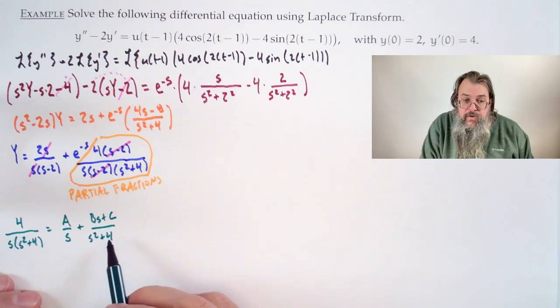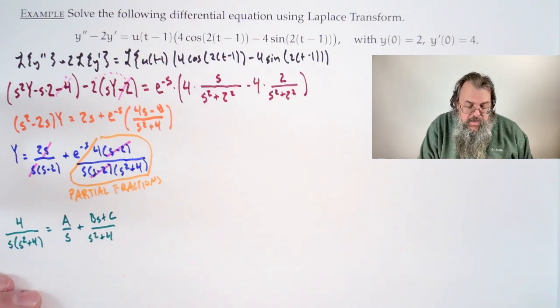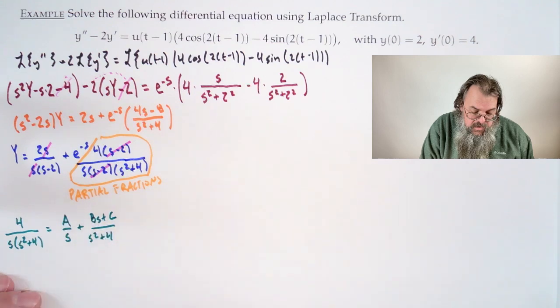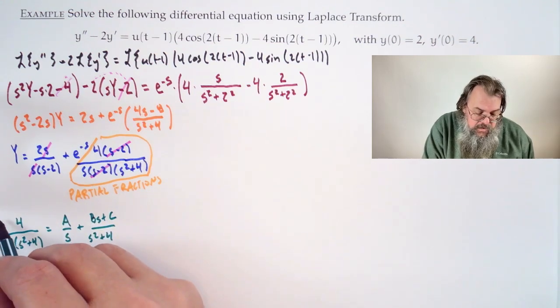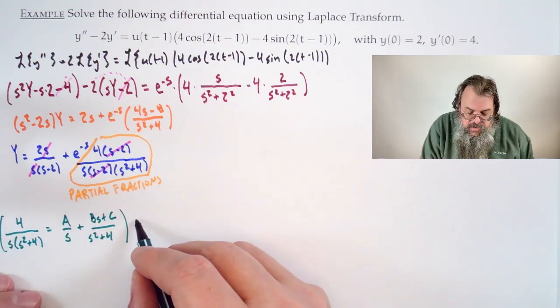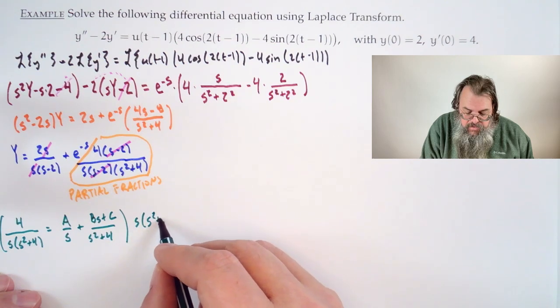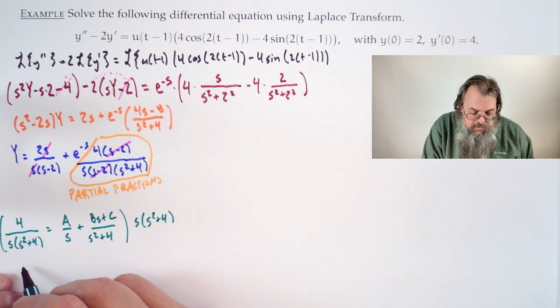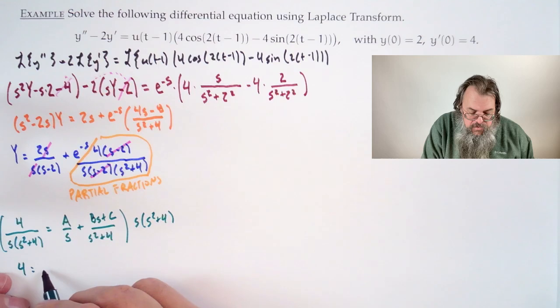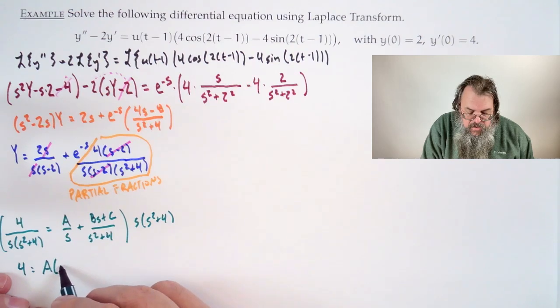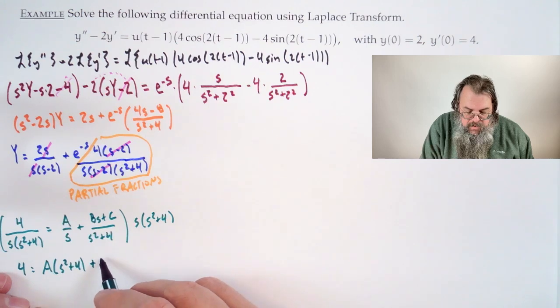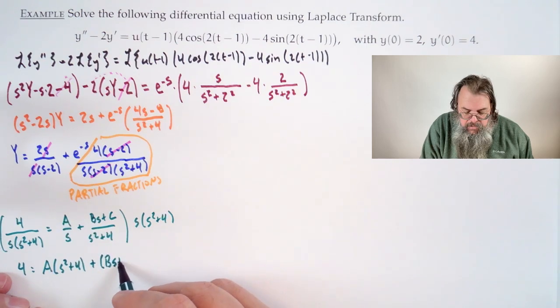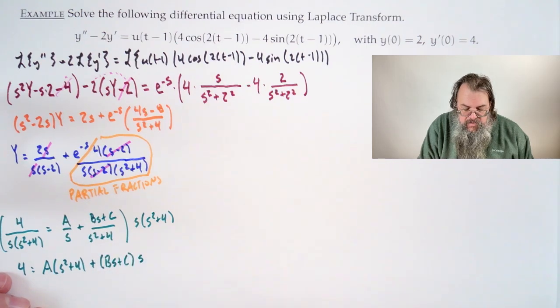This is an irreducible quadratic, so we have that extra term upstairs. All right, clear the denominators. Multiplying through by s times s squared plus 4, we get that 4 is equal to A times s squared plus 4, plus Bs plus C times s.